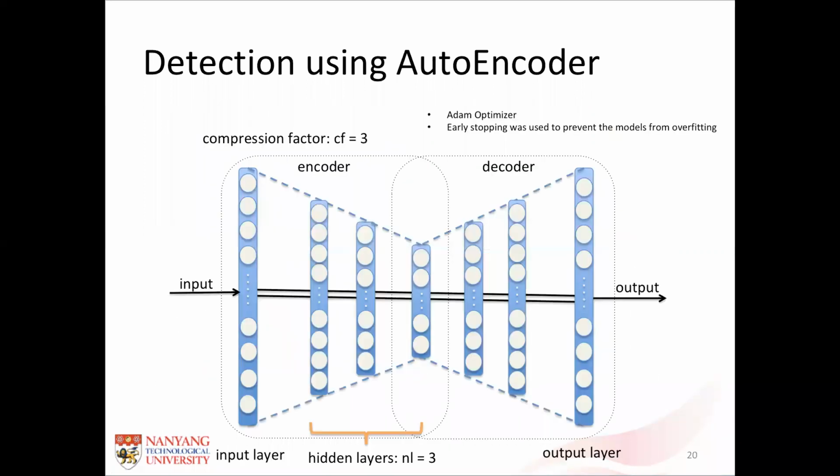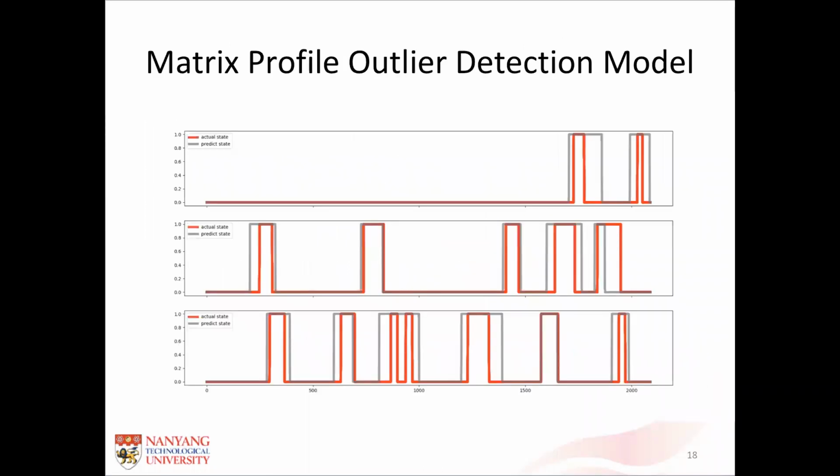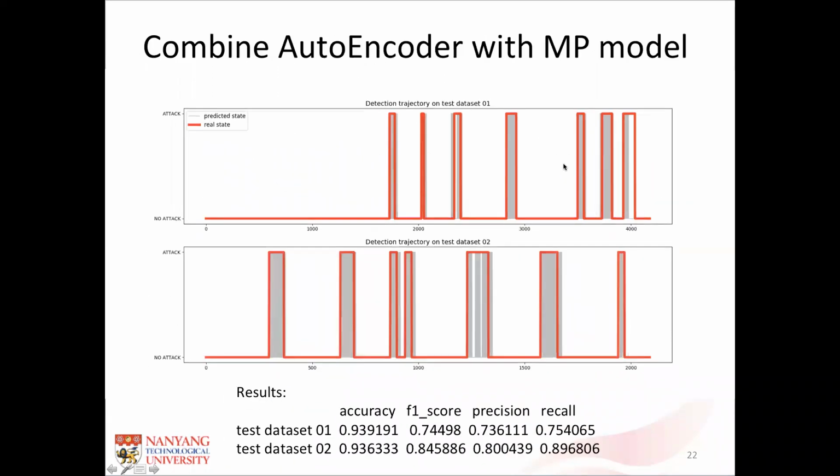Going back to the matrix profile, it doesn't give many false alarms in the irrelevant time. The false alarms basically come from the relevant time, I would say. So we can combine these two models. We combine the autoencoder with the matrix profile model, and we can get better results. But there can still be improvements in these missing periods.